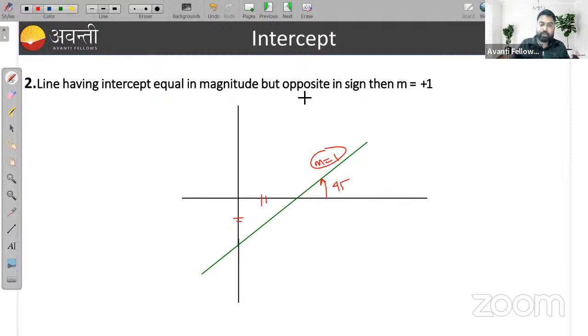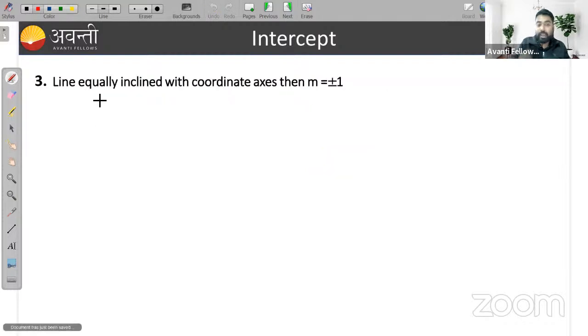Clear? Got it? Okay. So let's move to the third result. A line equally inclined with the coordinate axes has slope plus or minus 1. That is, the line makes the same angle with the x-axis and y-axis.